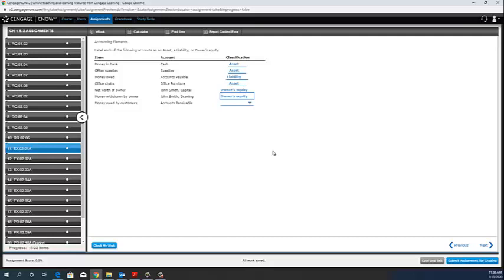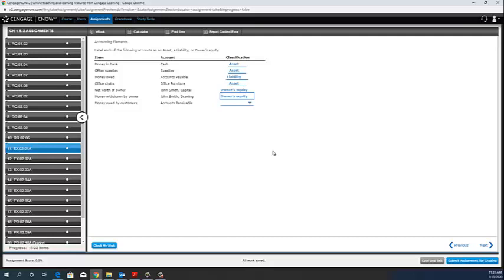And then money owed by customers, and the account here is accounts receivable. So accounts receivable is any time that we do work for a customer or provide a service or a product for a customer and they don't pay us at that moment. We send them a bill, and that happens quite often in business as well.